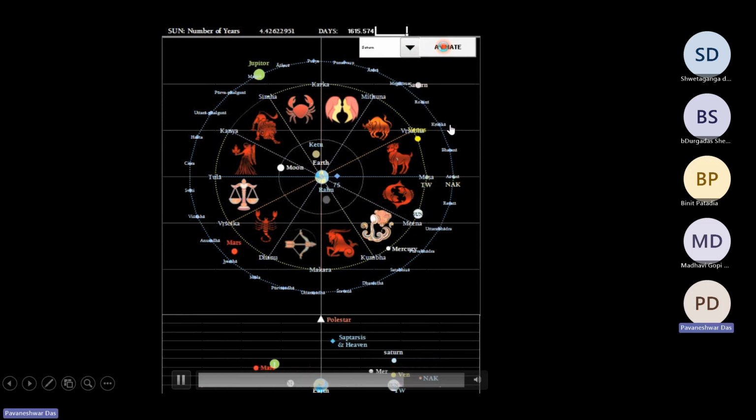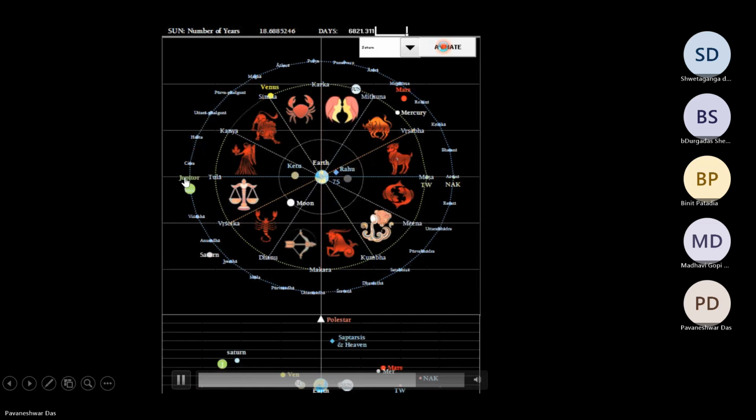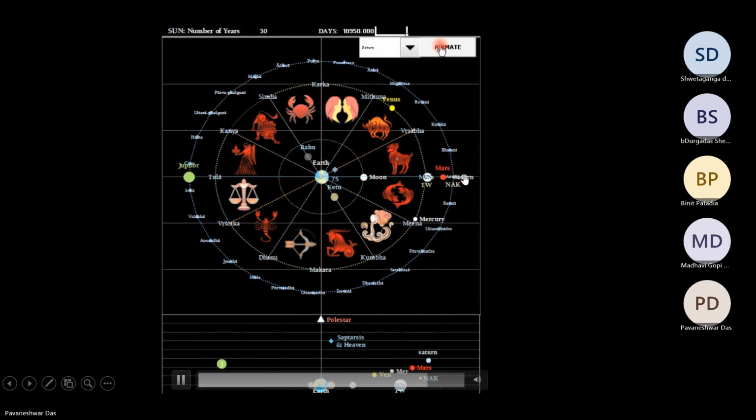This is Saturn. By the time Saturn completes 1 round, Jupiter will complete 2.5 rounds. Jupiter 1 round completed, 12 years. 12 plus 6, 18 years. 18 plus 6, 24 years. 24 plus 6, 30 years. Now 30 years. In the meantime, Saturn completed 1 round.